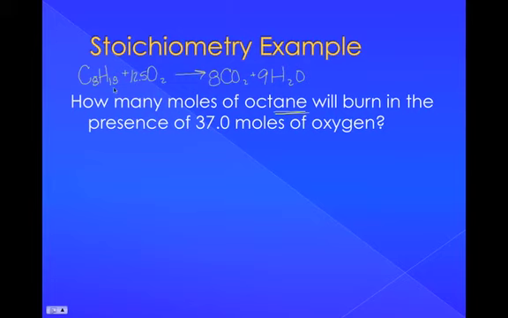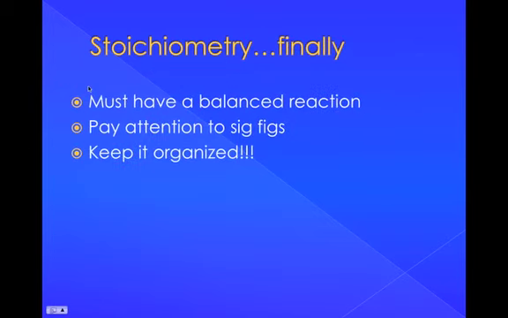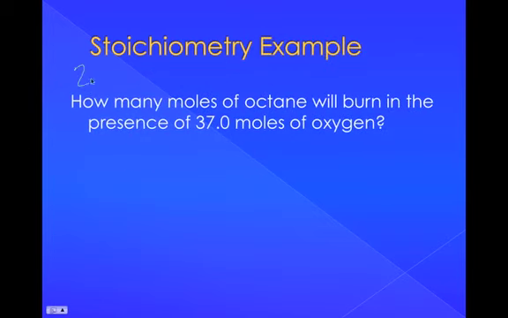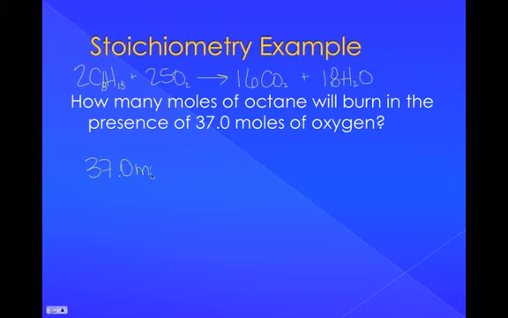Can't have a coefficient of 12.5, so I'm now going to take this entire equation and multiply it by 2. So that means the actual equation is 2C8H18 plus 25 O2 gives us 16 CO2 and 18 H2O. So the question is, if you have 37 moles of oxygen, how many moles of octane will burn?